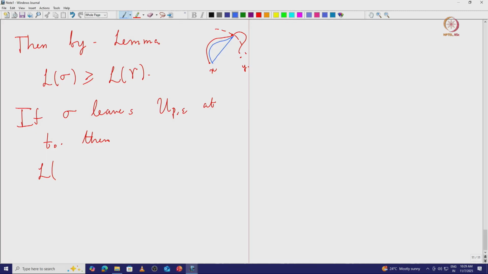So then already this length is epsilon because you are looking at a geodesic sphere of size epsilon. So then already the length of sigma restricted to this interval 0 to t naught is bigger than epsilon, right, which is bigger than the length of gamma.